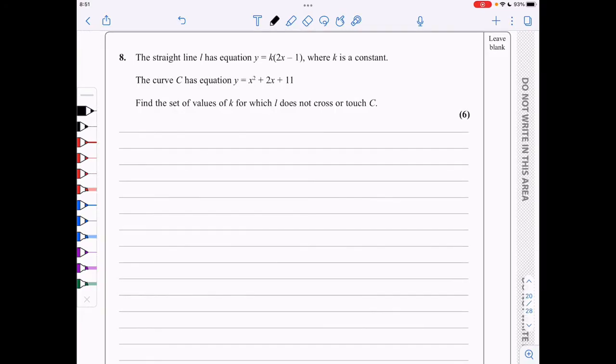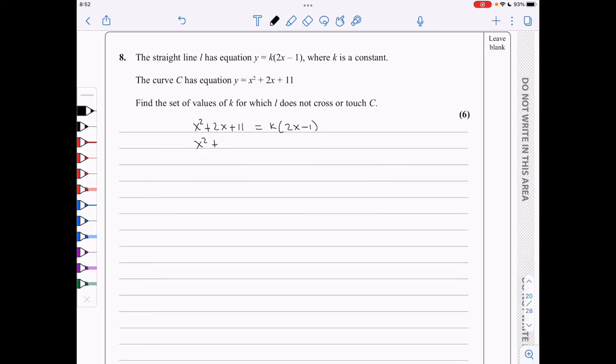In question 8, it's a straight line L, y is k brackets 2x minus 1, and the curve C, y is x squared plus 2x plus 11. And we need to find the set of values of k for which L does not cross or touch C. I will start by equating the two. I've got x squared plus 2x plus 11 is equal to k brackets 2x minus 1.